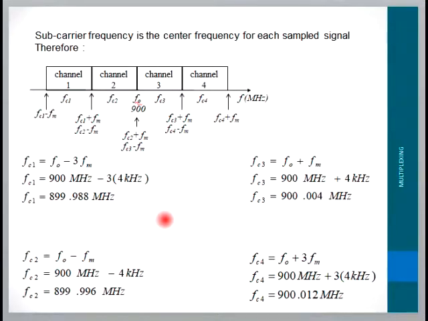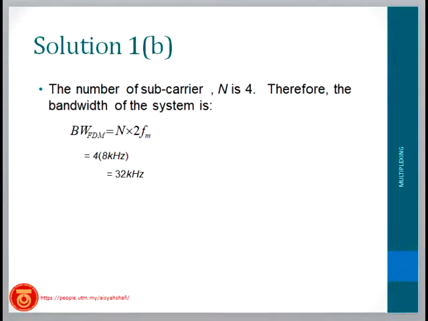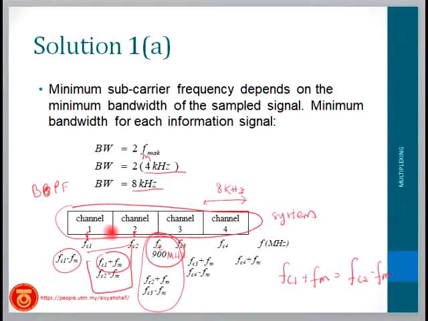Okay, so from here, you can solve either from this one, for example, FC2 plus FM equals 900 megahertz, and then FM is 4 kilohertz.